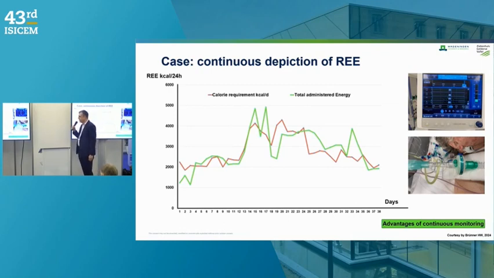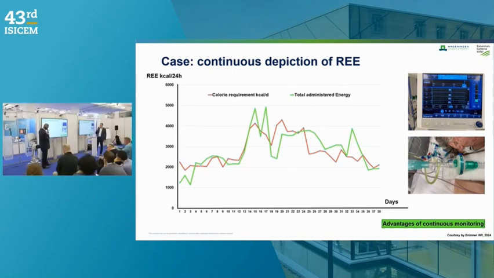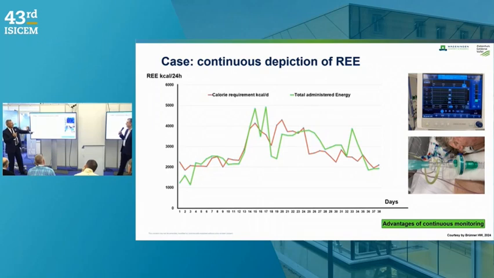And it is very interesting that we have a few days where we see more than 4,000 kilocalories he needed in these days. So Horst, the red line is what you have measured with the indirect calorimetry, and the green is what you have given to the patient.